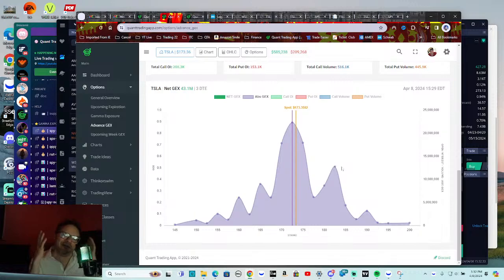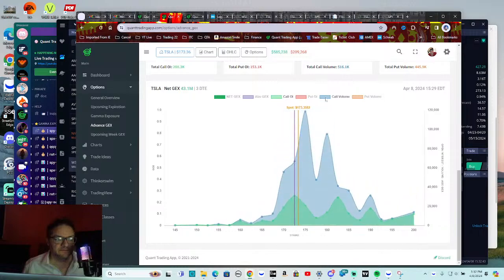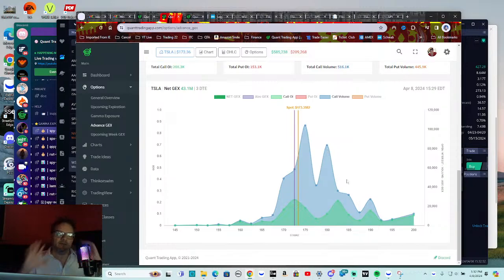So now we can start making the case that this is the biggest area of interest, and the secondary area of interest is this 182.5. Even on the call volume, it's high at 175, but even the second highest is around 180 leading up to it. So we'll watch these, keep these in mind, and play accordingly.